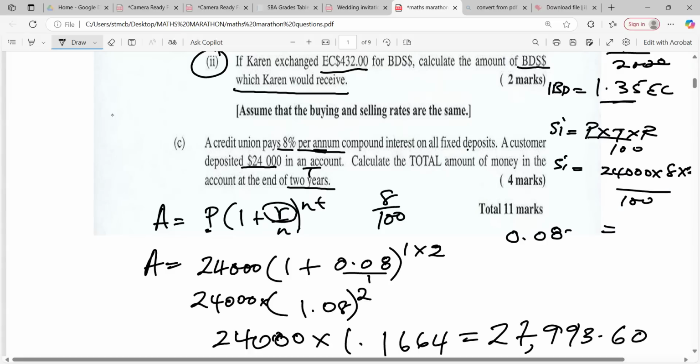So what, 3,840? Yeah, 3,840 is good. So that's the interest, 3,840.